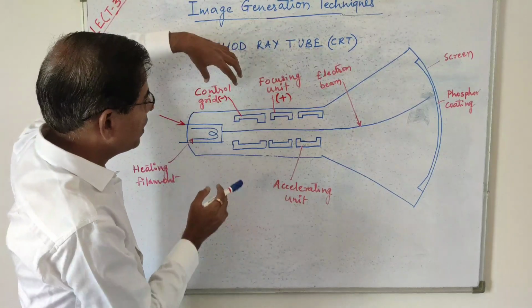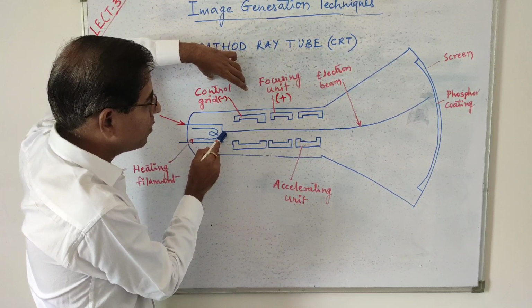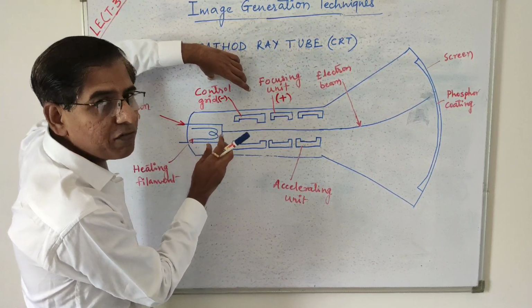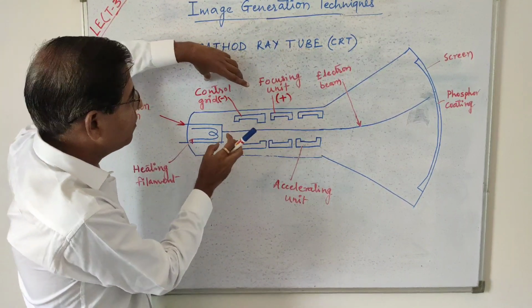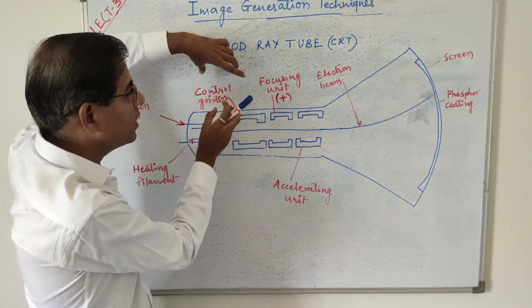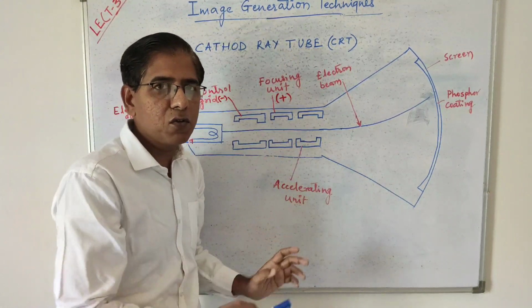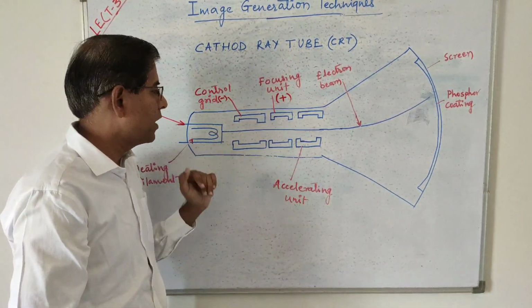So the amount of electrons coming out from the electron gun will be less, and if a weak negative voltage is applied to the control grid, then a very high intensity of electrons comes out from the electron gun.